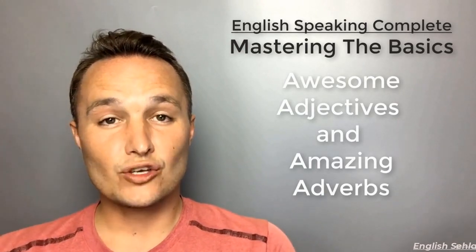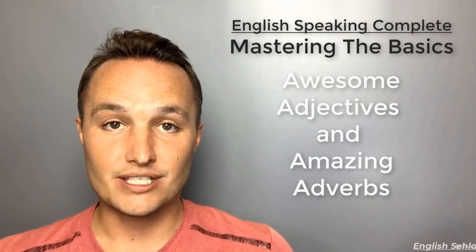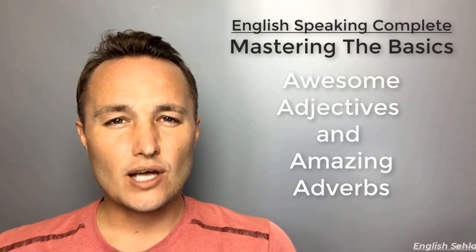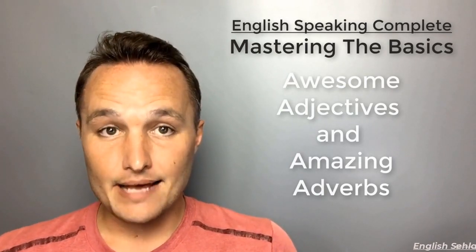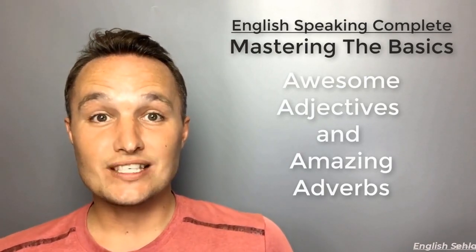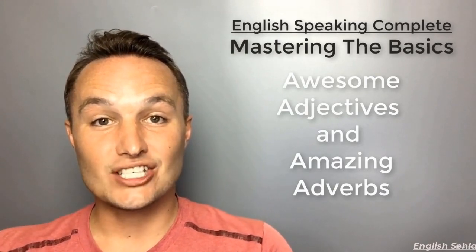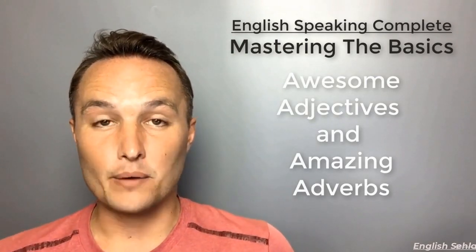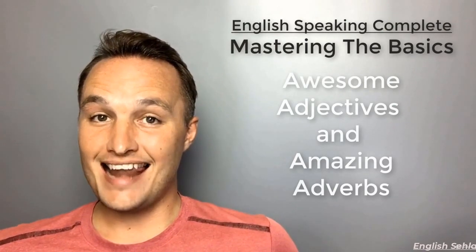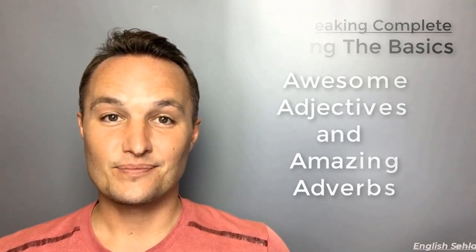So we're going to focus on adjectives and adverbs today and really go a bit more in depth into how we can use these types of words within our speaking too. So let's begin our lesson.